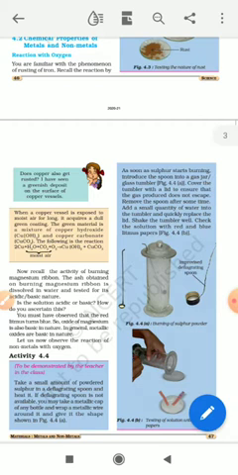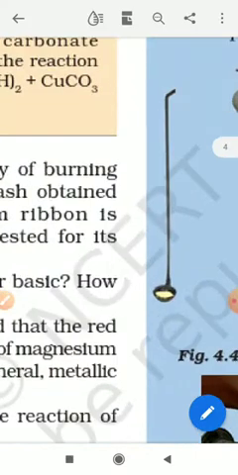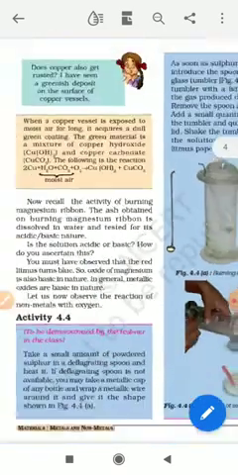When sulfur reacts, you can see in this activity, a small amount of powdered sulfur is taken in a deflagrating spoon. Clear? You can see here this is the deflagrating spoon.